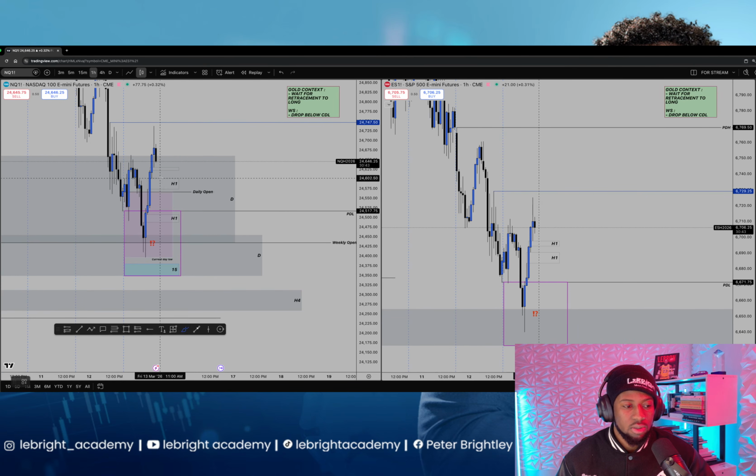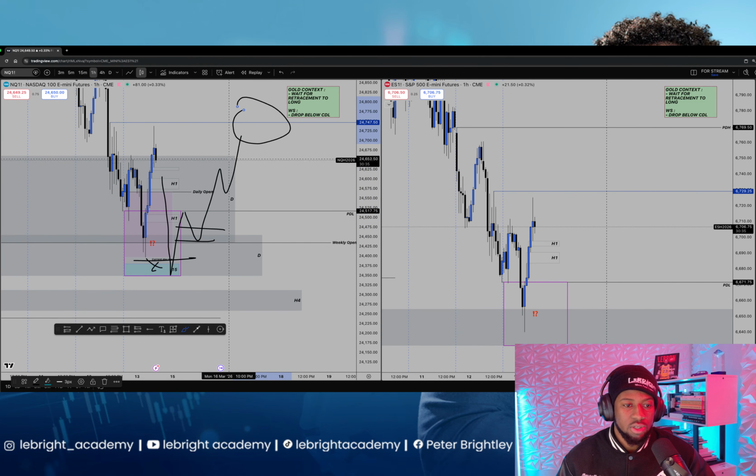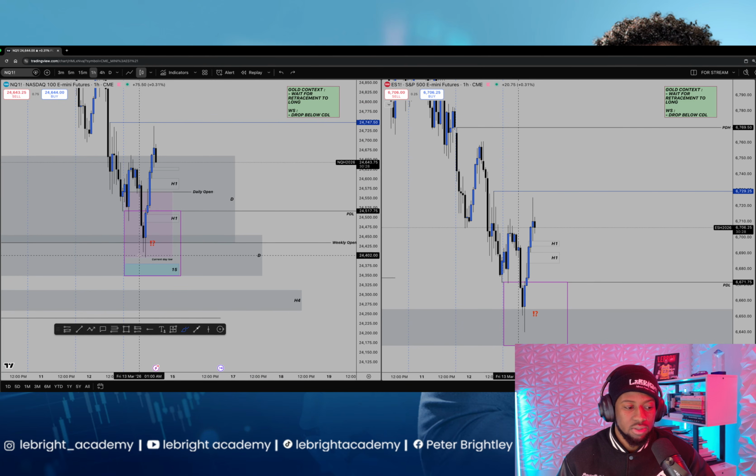The worst scenario will be seeing price dropping lower again and setting a new low. All right, which means the market can create a new low and go to the upside, but that will be the worst scenario because I don't want to see that happen. I want to see price respect this low right now. I don't even want to see price close below the daily open in, let's say, M15 or 1 hour.